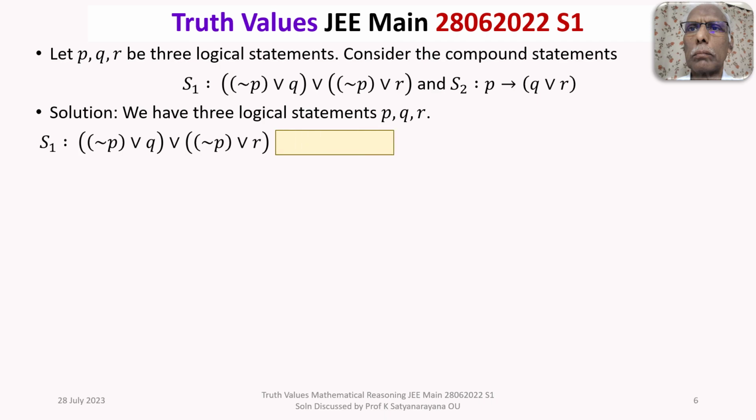We use the distributive law and we get an equivalent compound statement, that is negation of P or, in brackets, Q or R. This amounts to taking negation of P as common, but this is the distributive law.